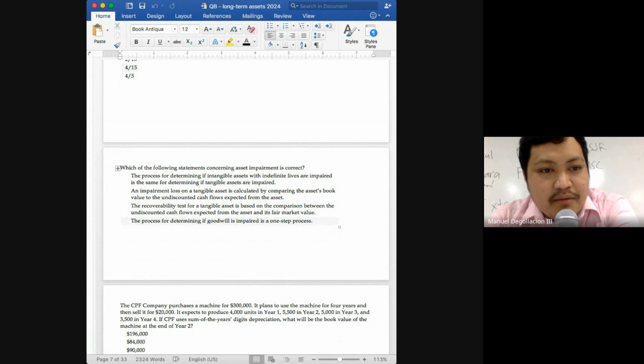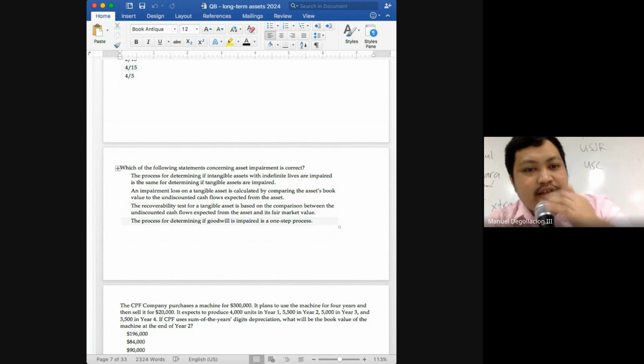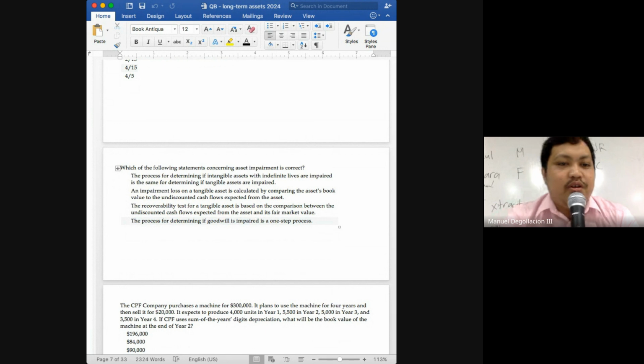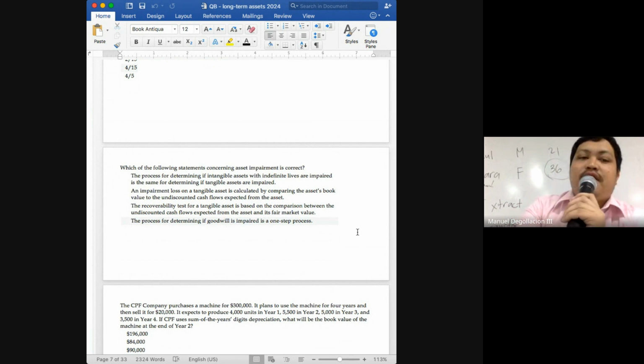Okay, letter B, an impairment loss on a tangible asset is calculated by comparing the asset's book value to the undiscounted cash flows. What's wrong with letter B, class? You determine the impairment loss by comparing the book value with the fair value. Okay, what do you do when you compare the book value and the undiscounted cash flow? It's not to determine the amount of loss, it's to determine whether the asset is impaired.